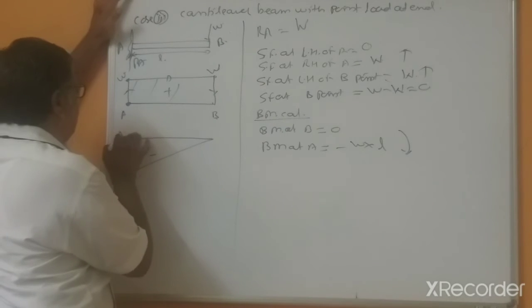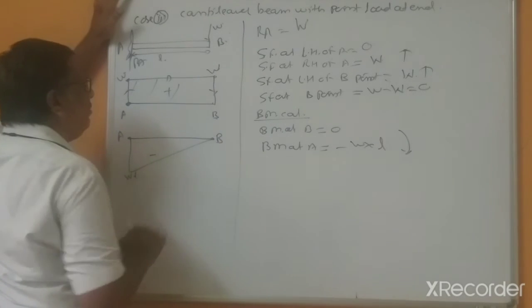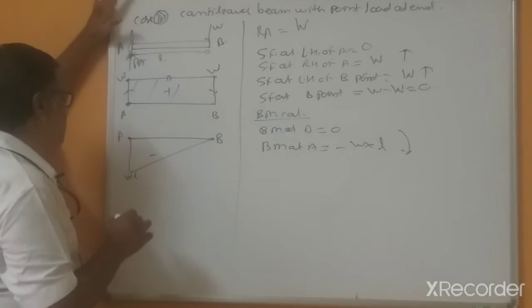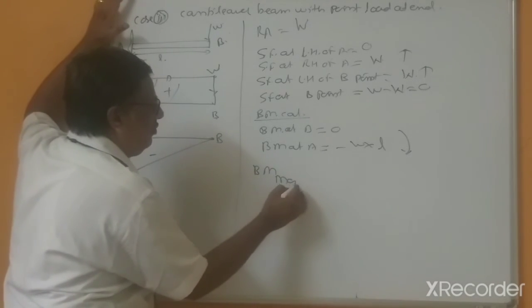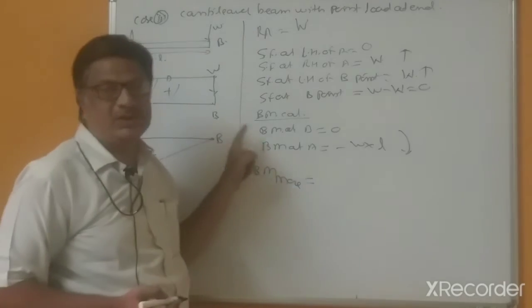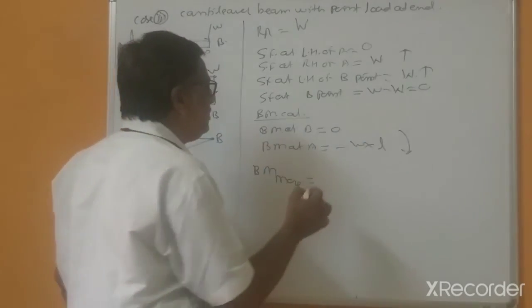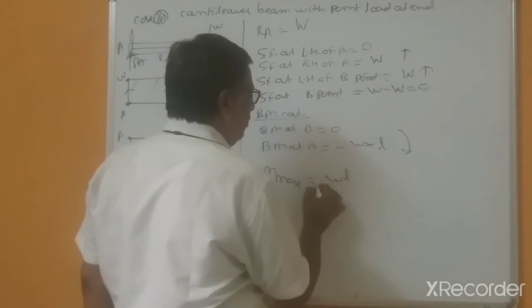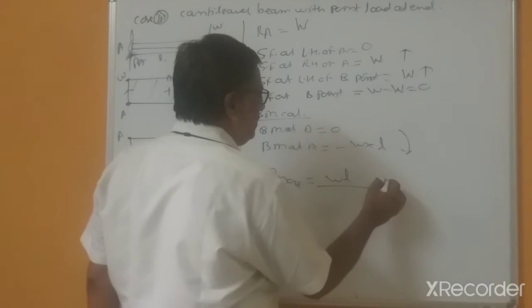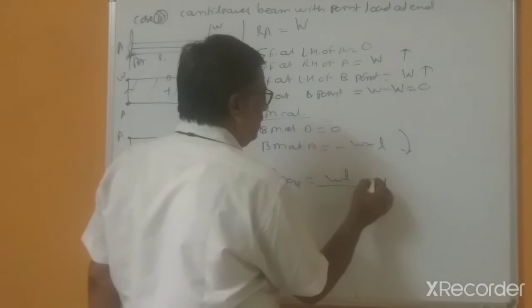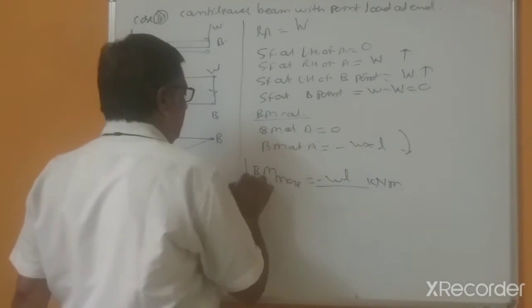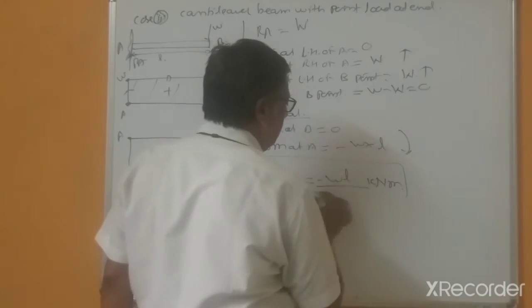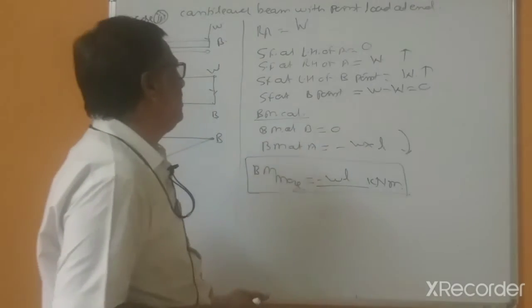This is your bending moment diagram. Maximum bending moment, for a cantilever beam with load at the end point, equals WL. This is in Newton or kilonewton meter, but this is negative. Try to understand this.